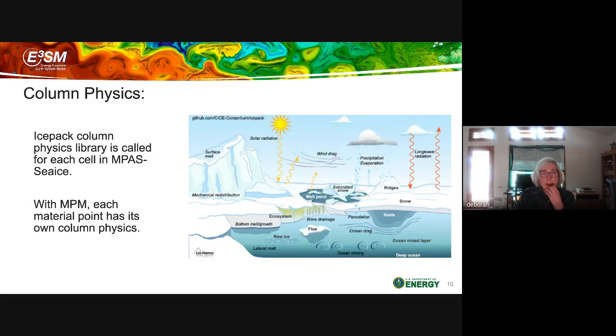So for MPM implementation, as far as the column physics goes, well, IcePack is a standard library for doing column physics. And in the MPAS-Seaice code, that library is called for each cell in the mesh. And with MPM, we just change that so that each material point has its own column physics, and call the same library and have all the same physics available.